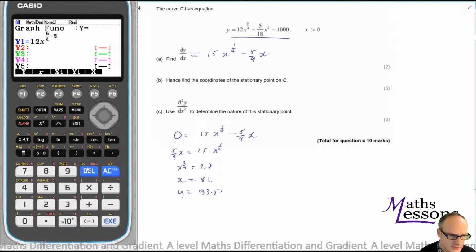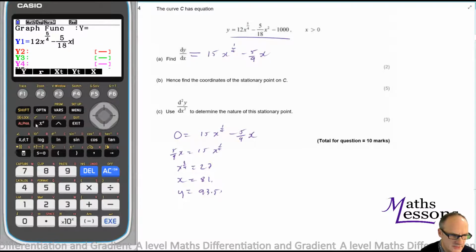Unfortunately, that's gone the wrong place. Let's just sort that out. Press that arrow. Minus fraction 5 over 18 times x squared minus 1000.